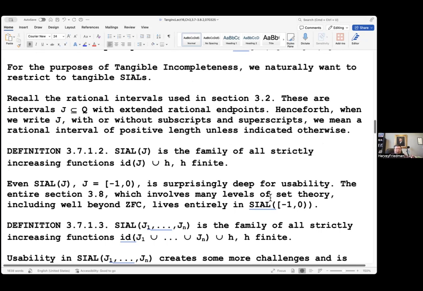Now, even psi L of J, where J is (-1, 0), is surprisingly deep for usability. The entire section 3.8, which we're going to get into today, involves many levels of set theory, including well beyond ZFC, living entirely in psi L of (-1, 0).